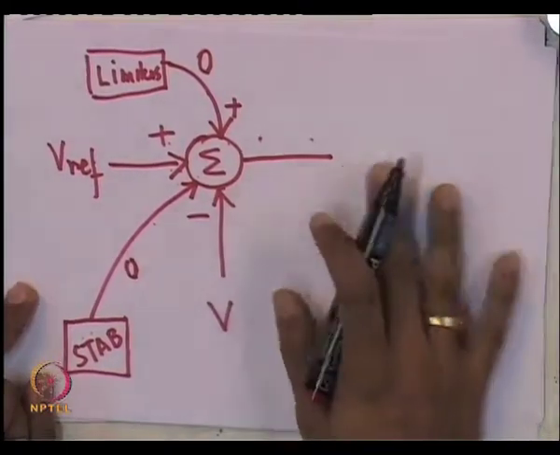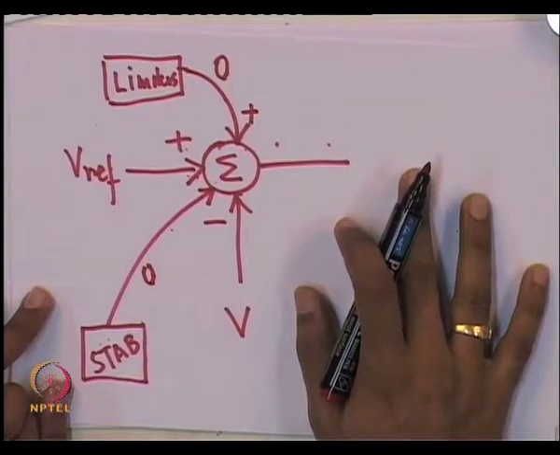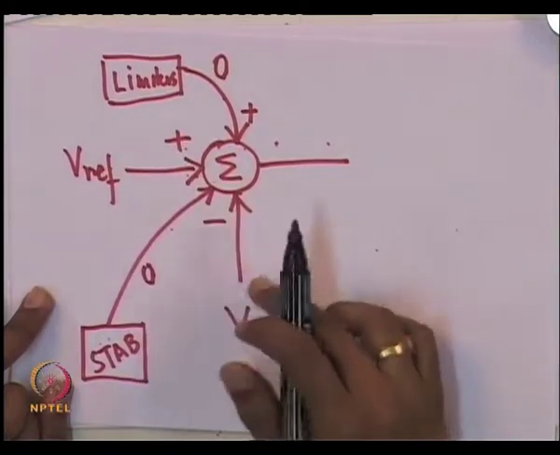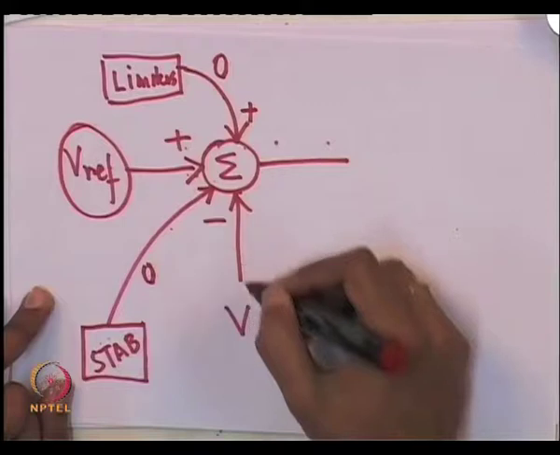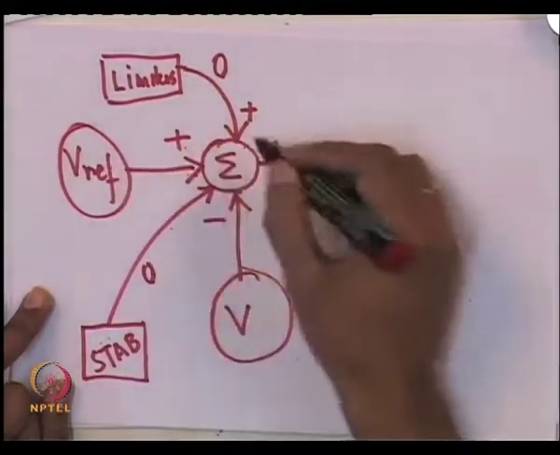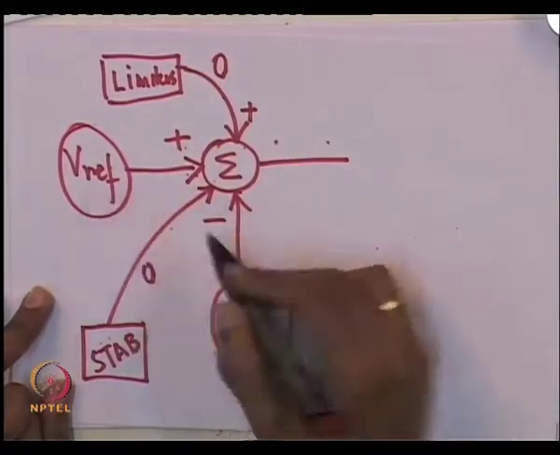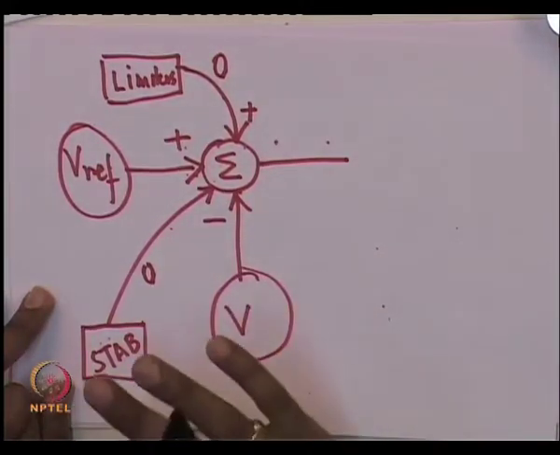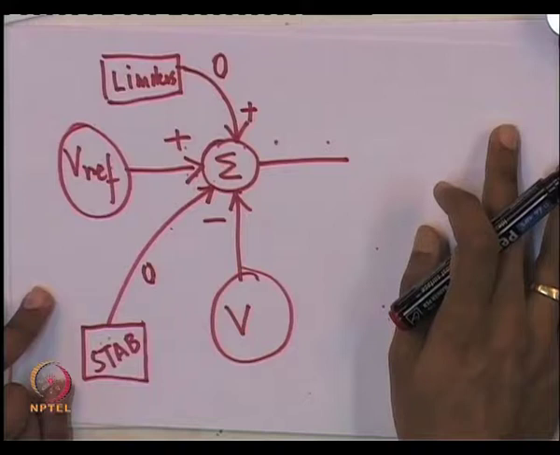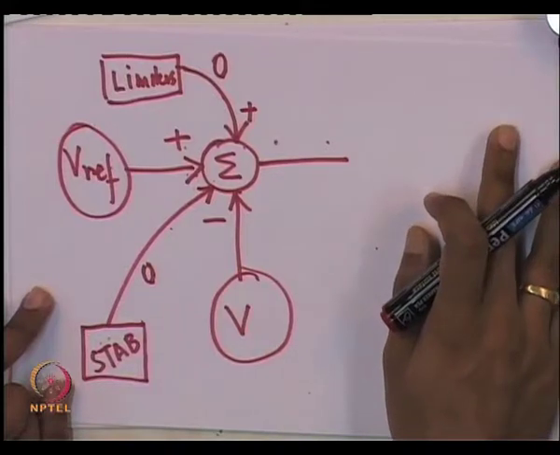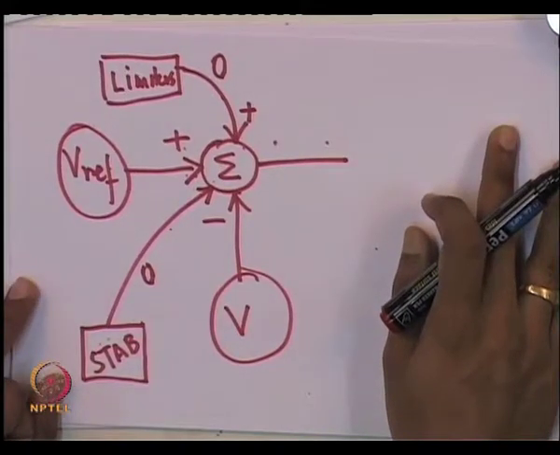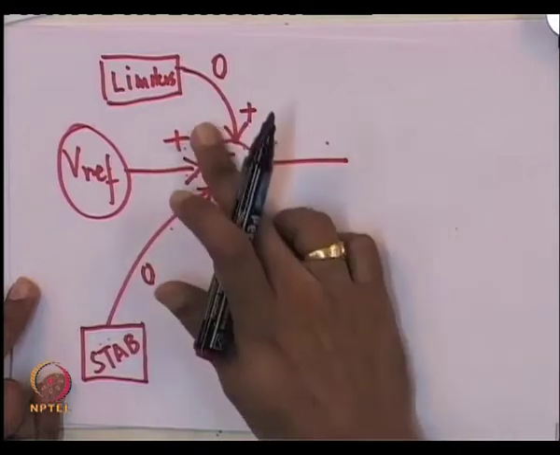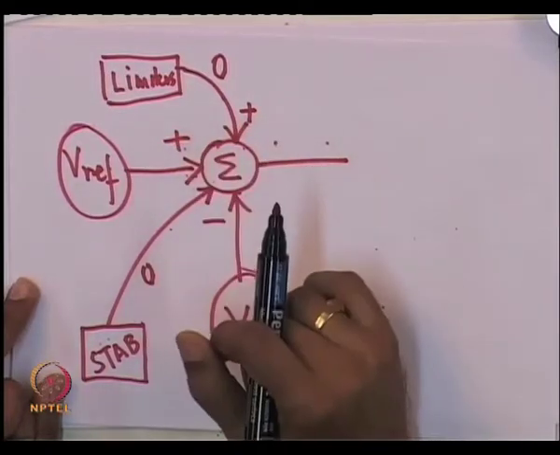So, the overall regulation function of this voltage regulator eventually boils down to this and this. The summing point in this regulation function boils down to taking the difference between Vref and V, okay, in steady state if no limit is violated. So, the voltage regulator in some sense is completely enabled when no limiter or no limit violation has taken place.